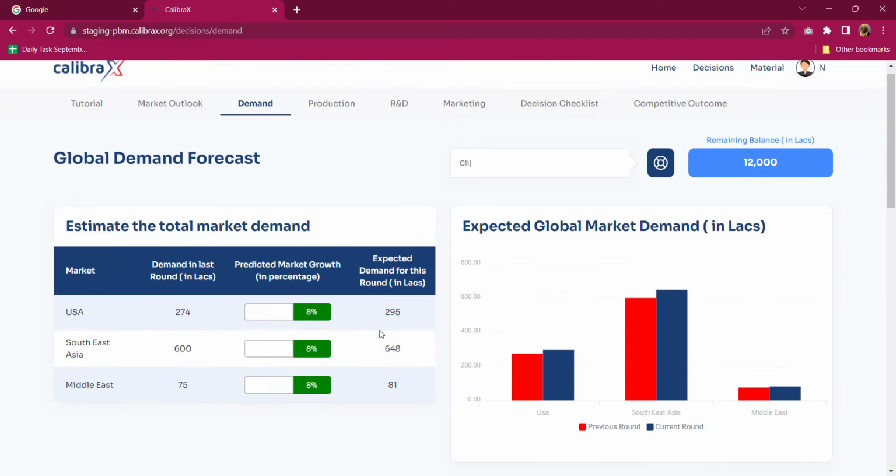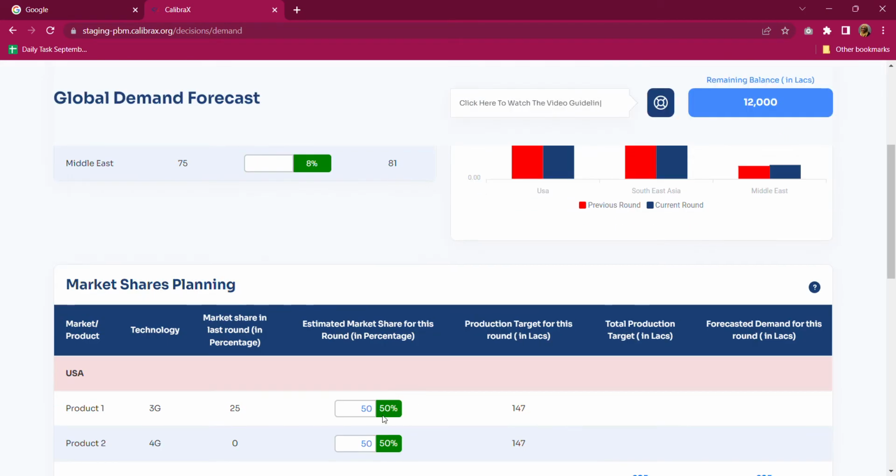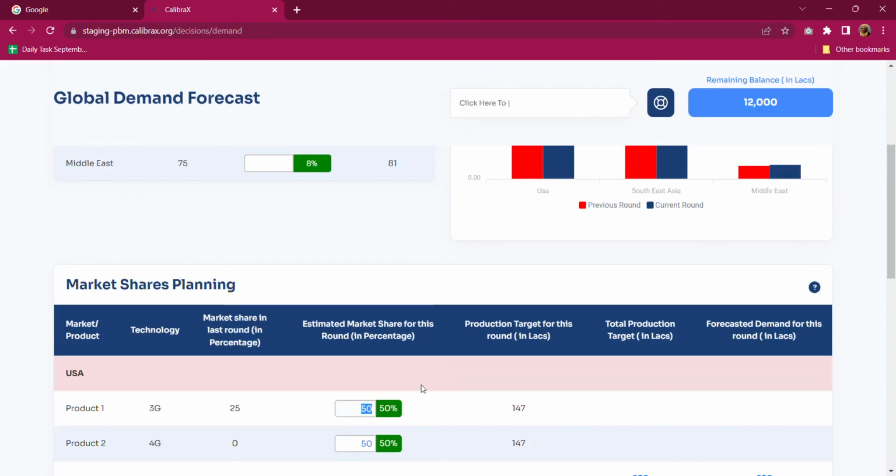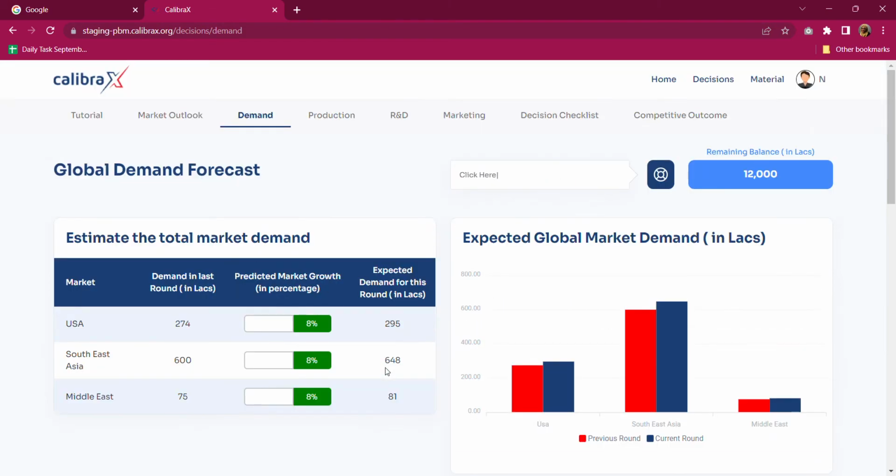This 50% market share is 50% of the expected demand, 295, which gives the estimated market share for this round.